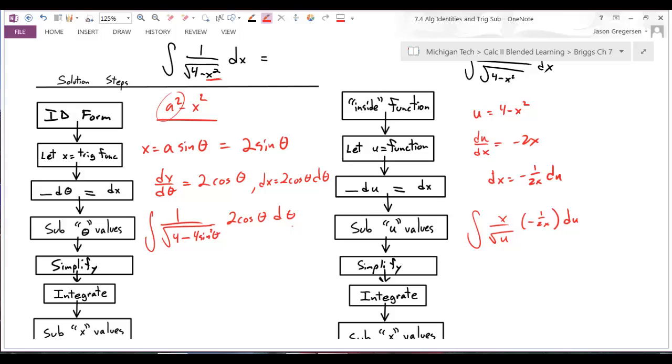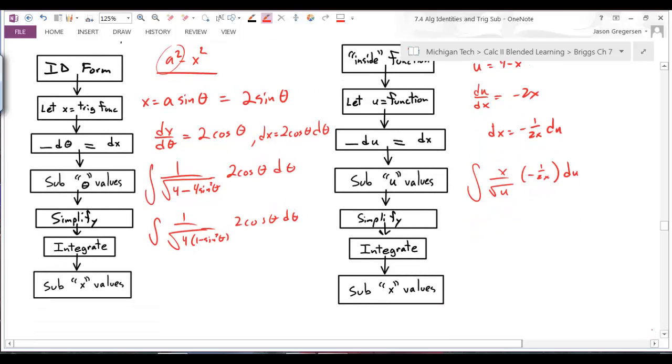If I factor out that 4, this thing looks like 4 times 1 minus sine squared theta. What is 1 minus sine squared theta? Cosine squared. So really I'm taking the square root of 4 cosine squared.